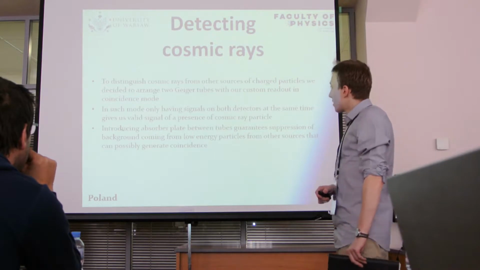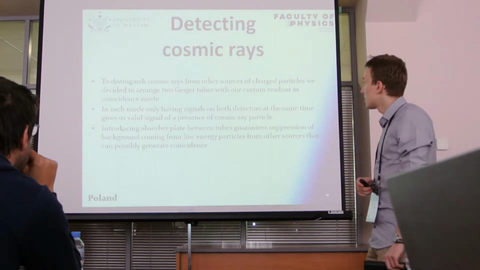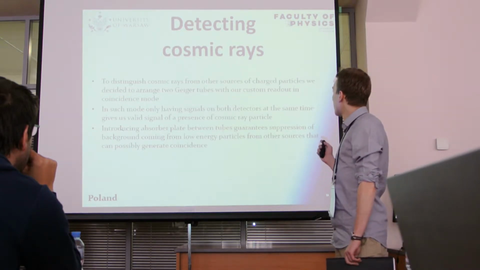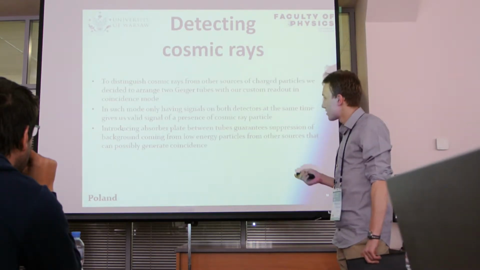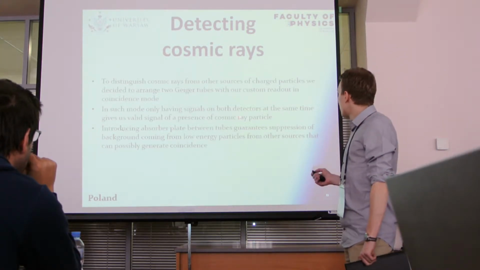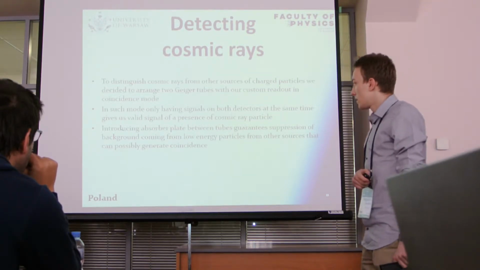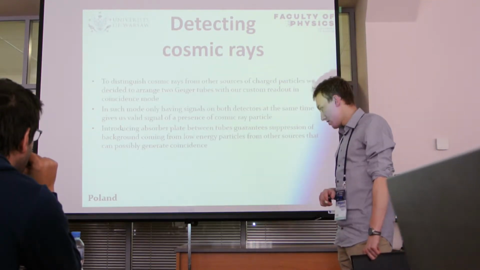To distinguish cosmic rays from the other sources of charged particles, we decided to arrange two Geiger tubes with our custom readout in a coincidence mode. In such mode, only having signals on both detectors at the same time gives us a valid signal of presence of a cosmic ray. The other events are discarded.